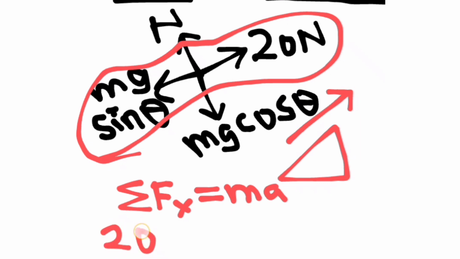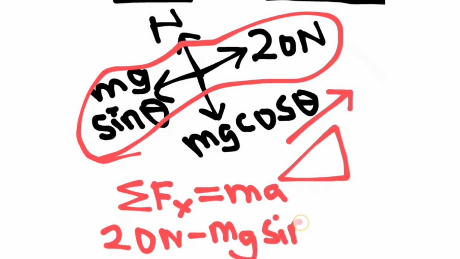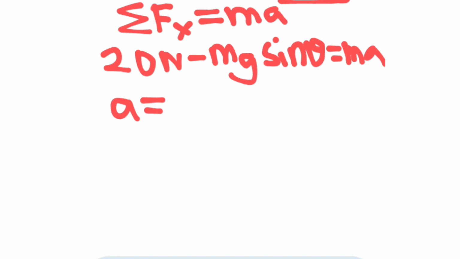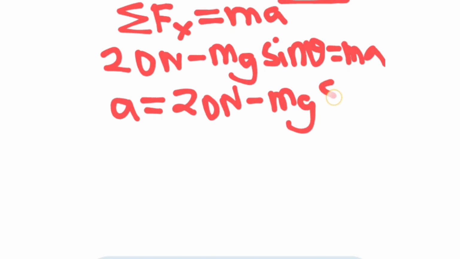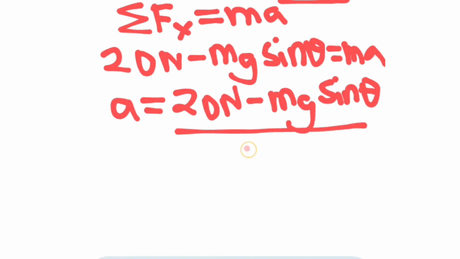So 20 Newton minus mg sine theta is equal to ma. To get the acceleration, we just need to divide all sides by m. So we get 20 Newton minus mg sine theta, divided by m.